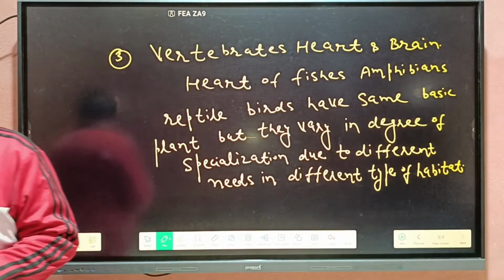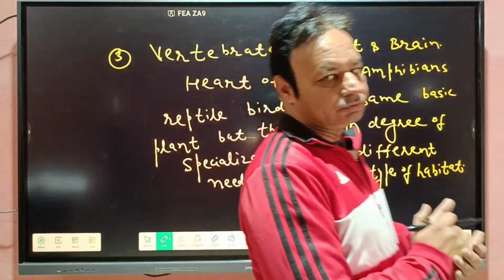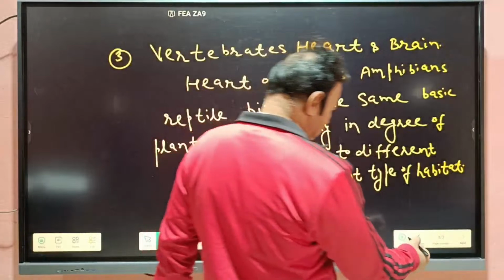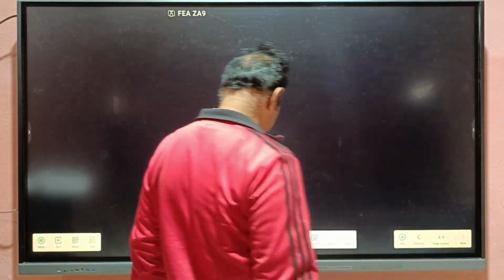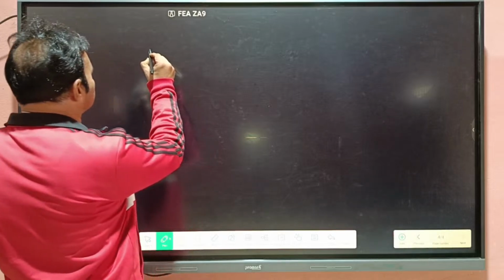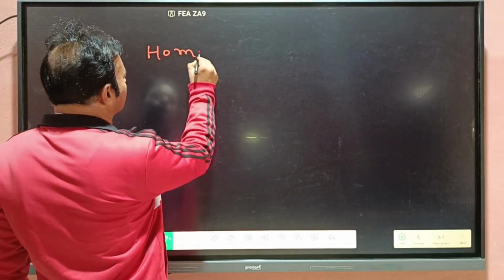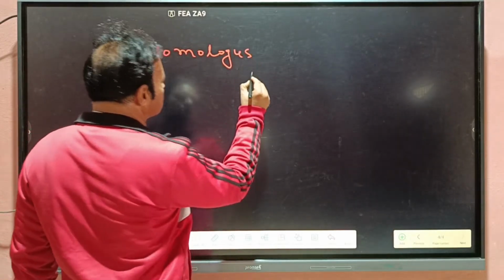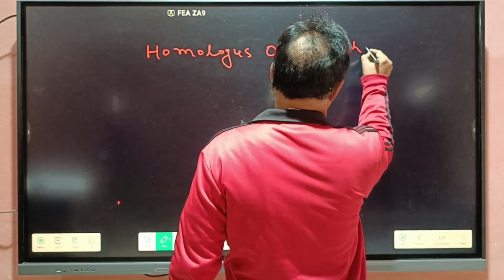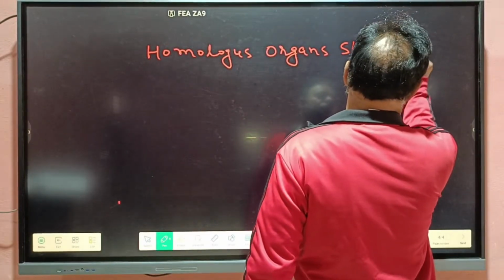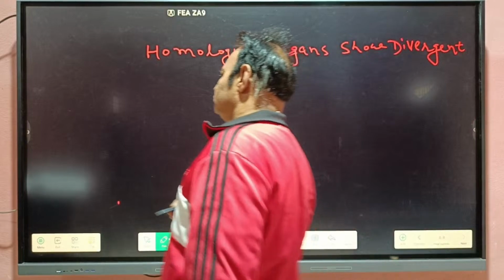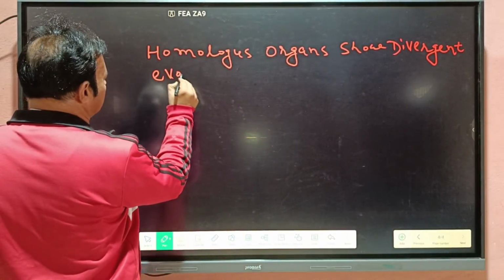They also show evolution. Homologous organs show divergent evolution.